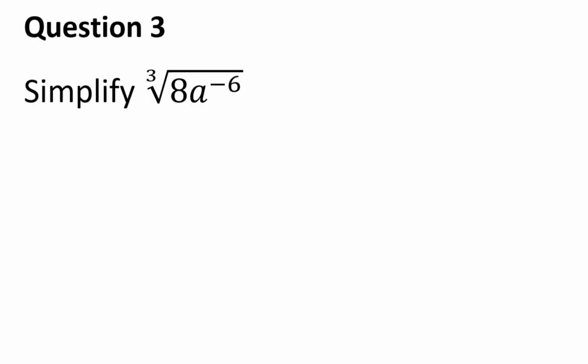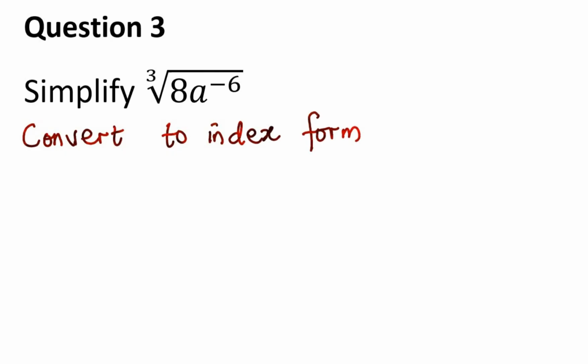Question 3. Simplify the cube root of 8a to the exponent of negative 6. Step 1, we have to convert to index form. Look at this rule: if you have the nth root of x, it's the same thing as saying x to the power of 1 over n.